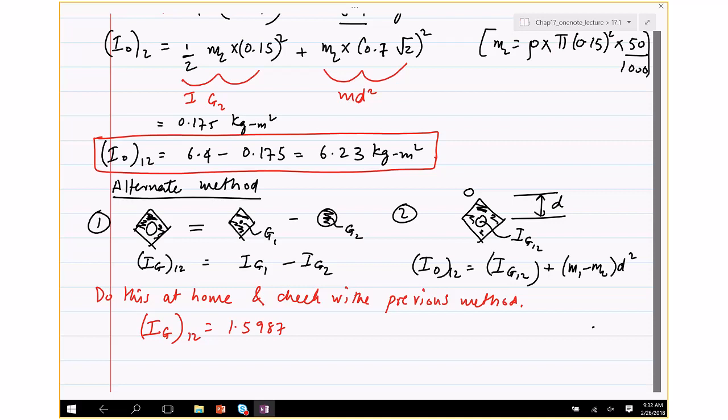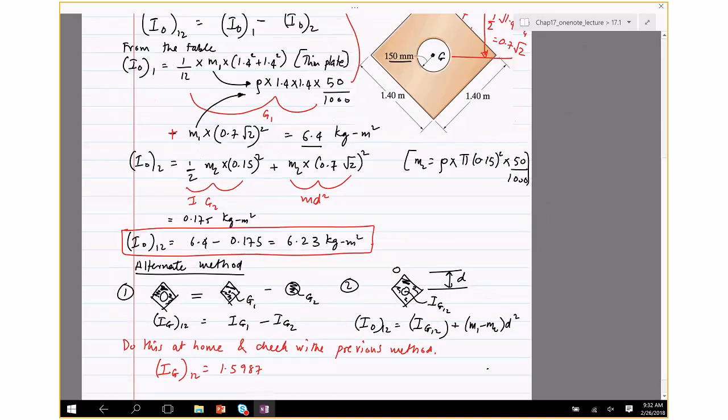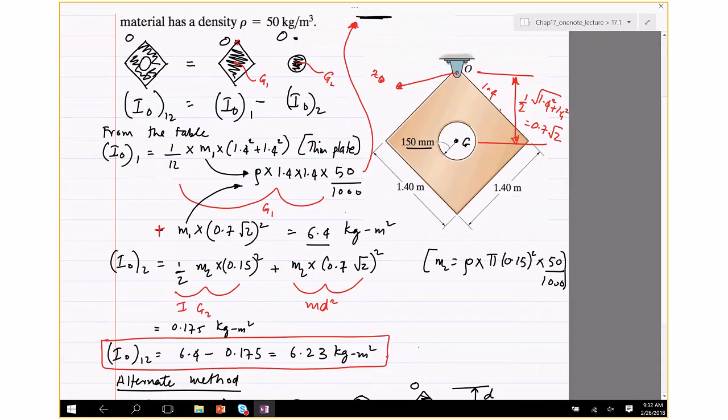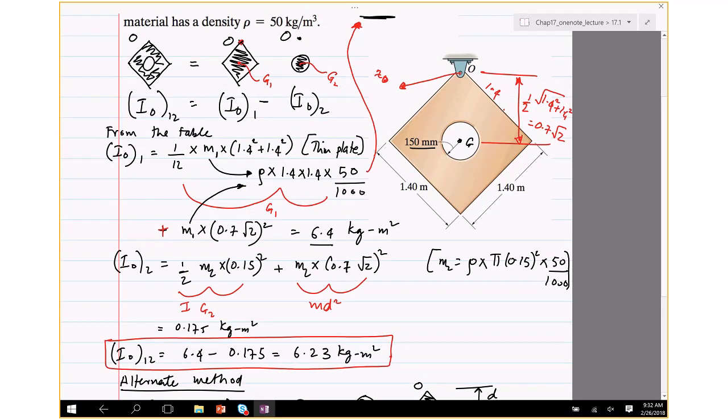Okay, so you notice the difference in one question. One way to solve this is to find the inertia about the axis O for individual bodies and then subtract them. It's one step. So use the parallel axis theorem individually, then use it here, use it here.